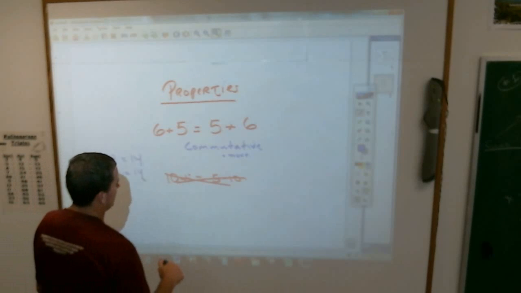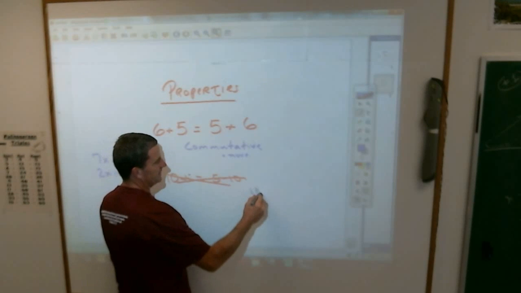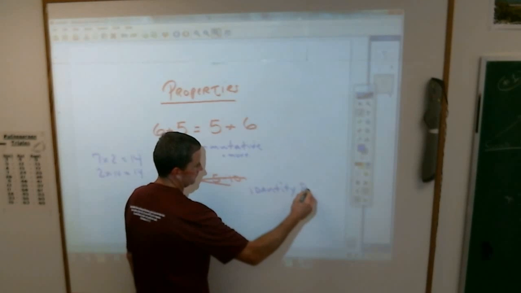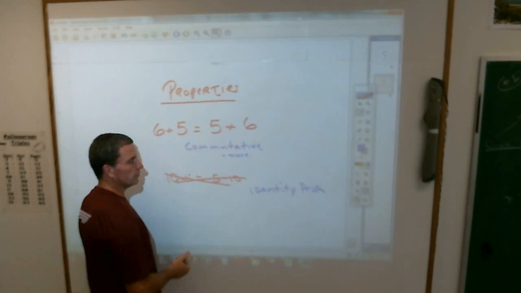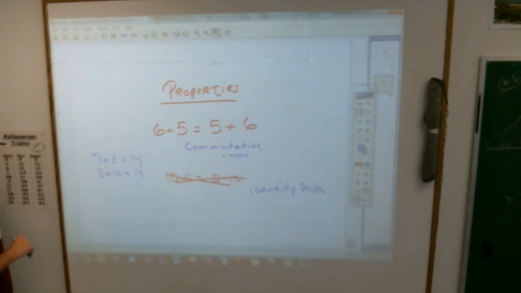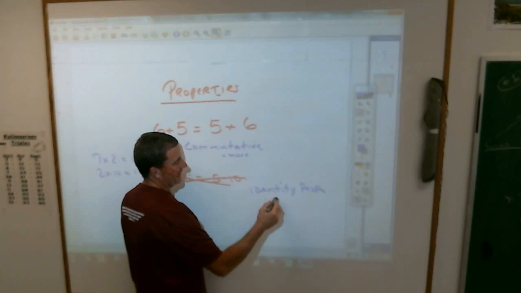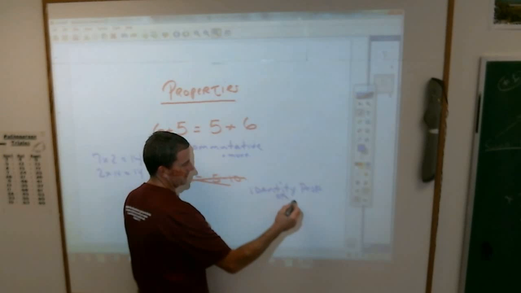And then one other property they give you is the identity property of addition. I have no good way to explain that other than to say that identity means you get the same thing, or you identify with it or something like that. What do you add to something to get the same thing?